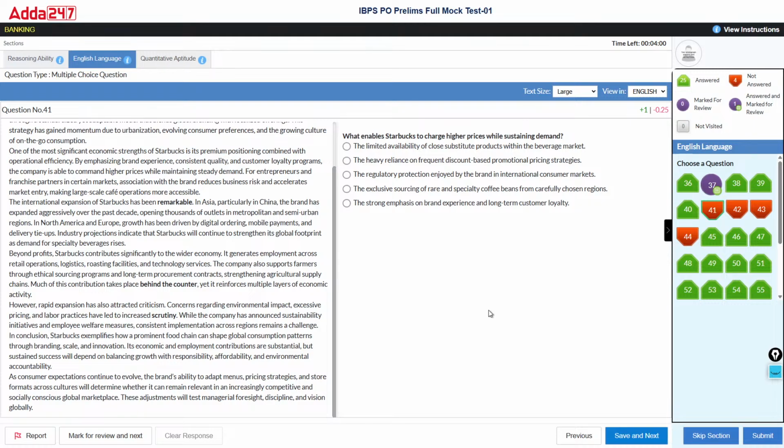What enables Starbucks to charge higher? Limited availability? No. Heavy reliance on frequent discount? No. Excessive sourcing? No. Strong emphasis on brand and long-term loyalty. Strong loyalty.